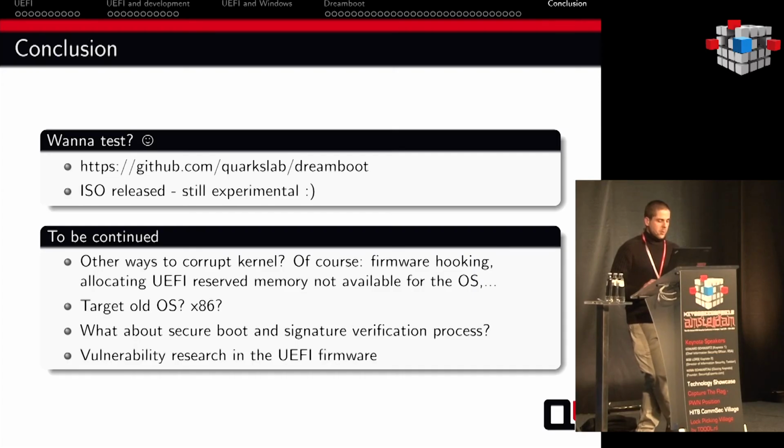when, for example, the native function ExitBootServices is called. Generally, just before the kernel entry point is called, so it's an idea. Another way maybe to do it is to allocate reserved memory with a UEFI internal function. And next, this memory normally could not be used by the operating system.